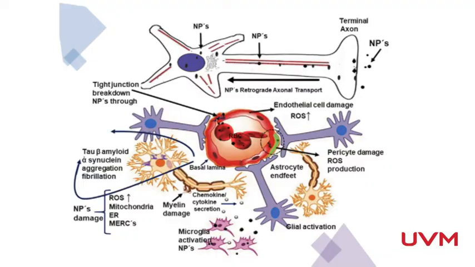In this particular cartoon, this is a blood vessel within the brain, and you can observe the transfer of the nanoparticles from the red blood cell to the endothelial cell and then to the neurovascular unit. Also notice that the nanoparticles can travel within the neuron and go from one neuron to the next. And this traveling could be retrograde or anterograde.